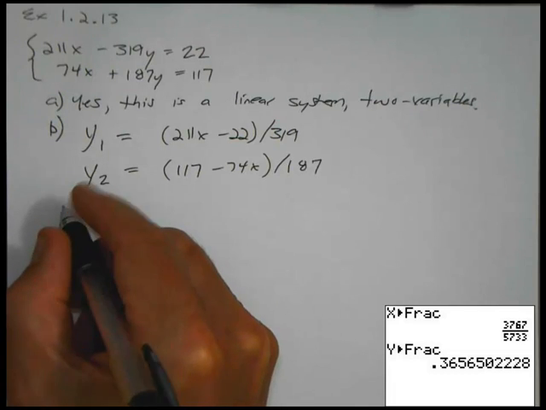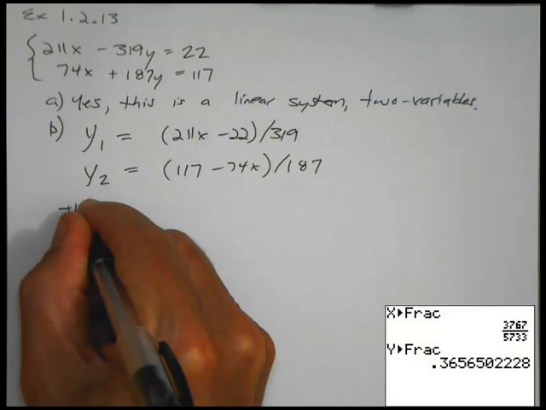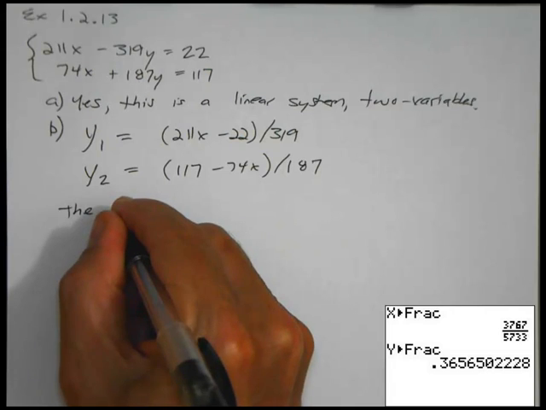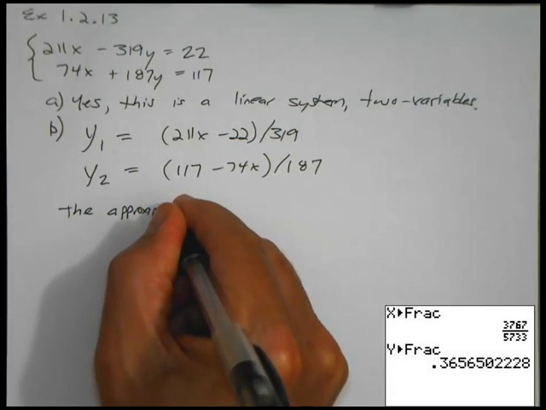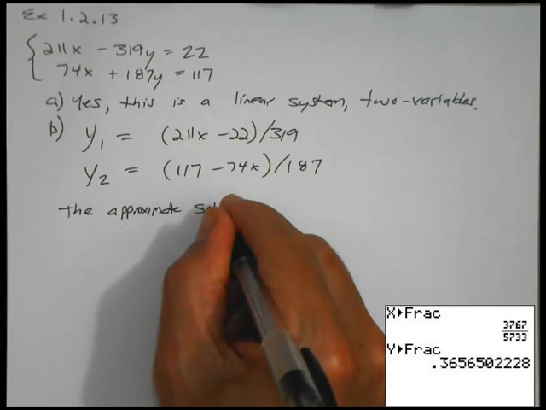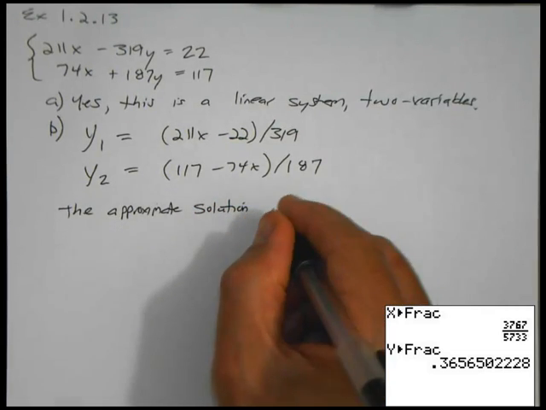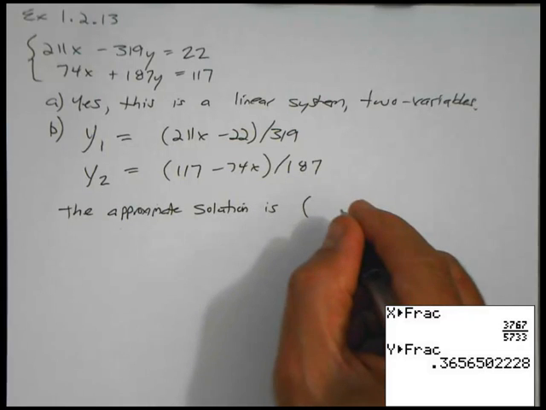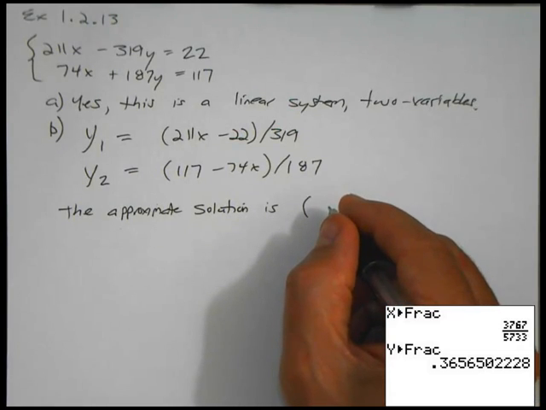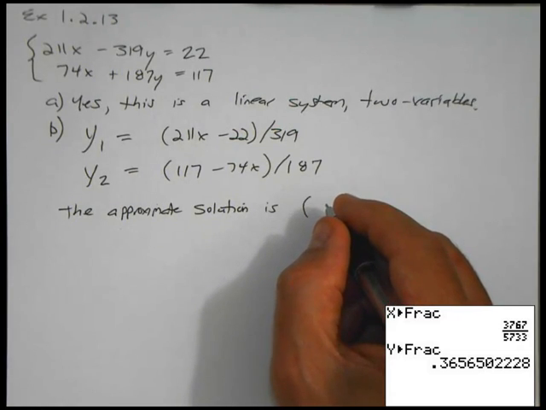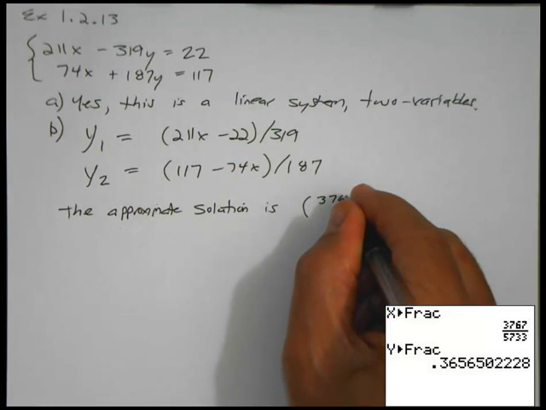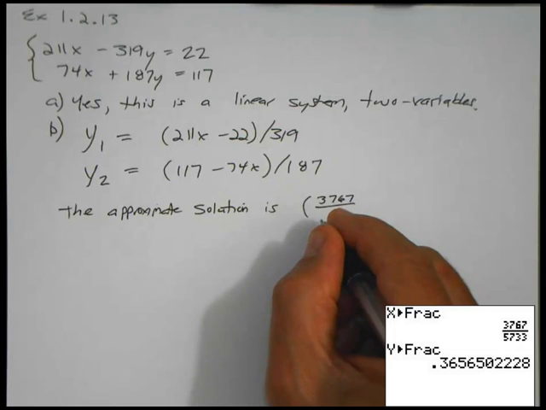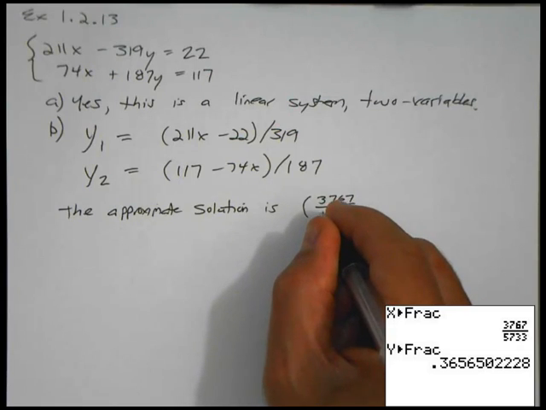We are able to write that the approximate solution is, now the x-coordinate we're able to record exactly 3767 over 5733.